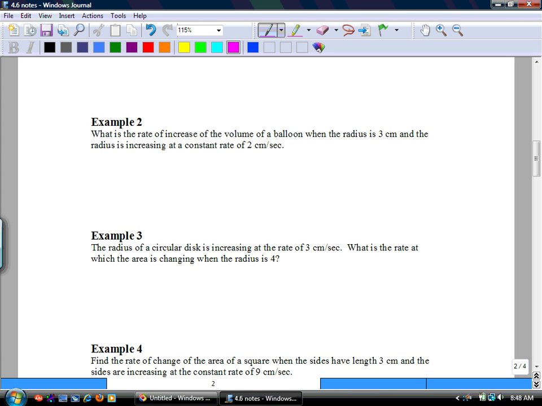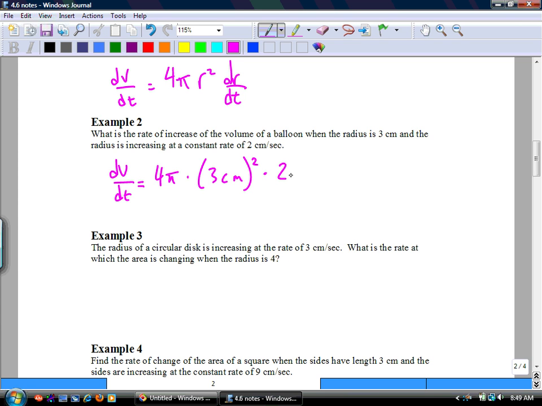So you grab the formula from the previous page, dV/dt equals 4 pi r squared dr/dt, and then all you do is drag and drop the numbers. 3 goes in for r, 2 goes in for dr/dt, so 4 pi times 3 centimeters squared times 2 centimeters per second.